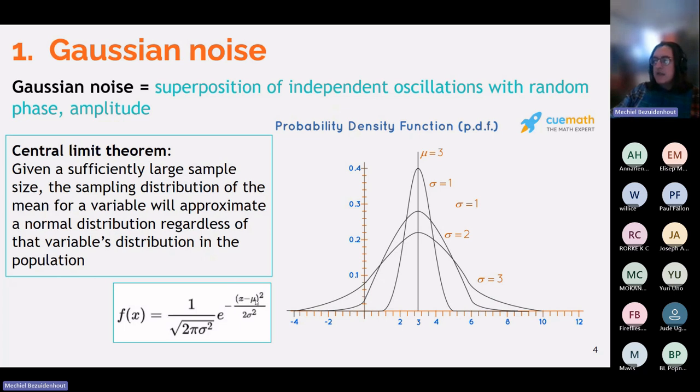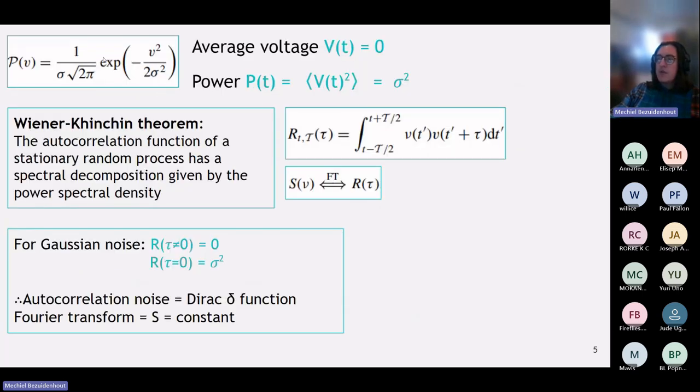And in this equation for the Gaussian distribution on the bottom, we can get rid of that mu average to give us an equation like on the top left here, which is the probability density function that we will get for the voltage measurements V. And we said that the average voltage is zero, but the signal still contains power, and that power is given by the average of the voltage squared, of the amplitude squared.